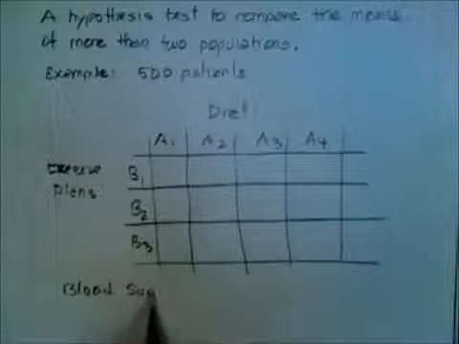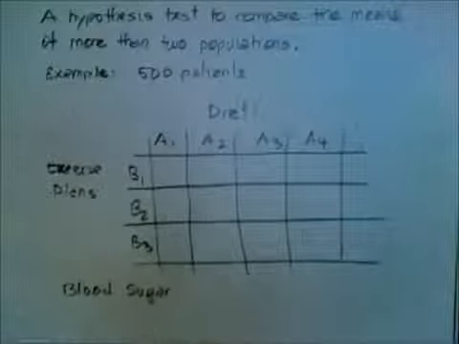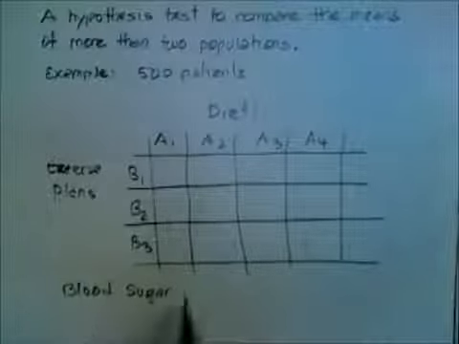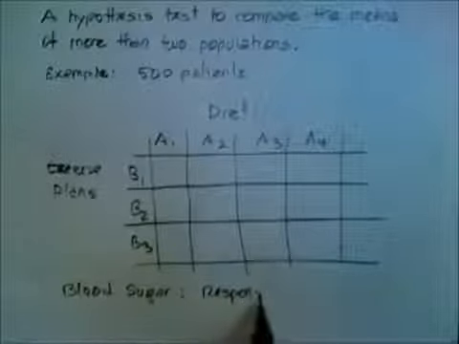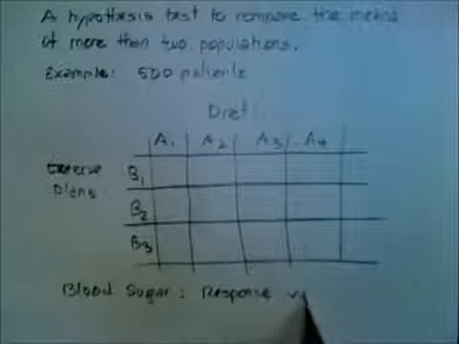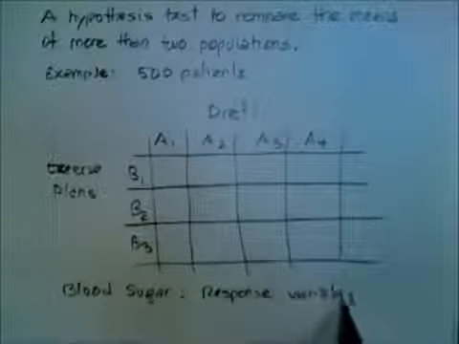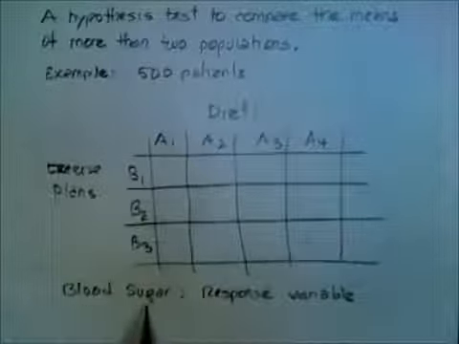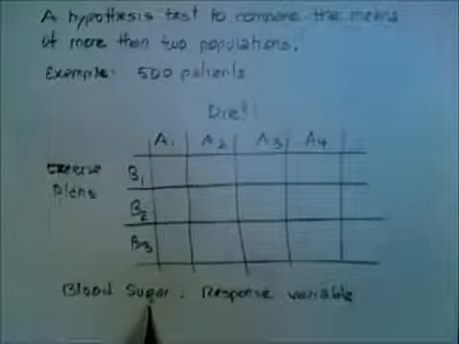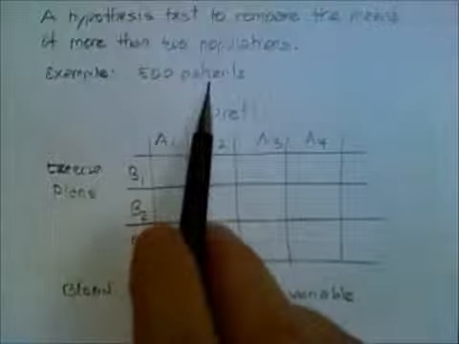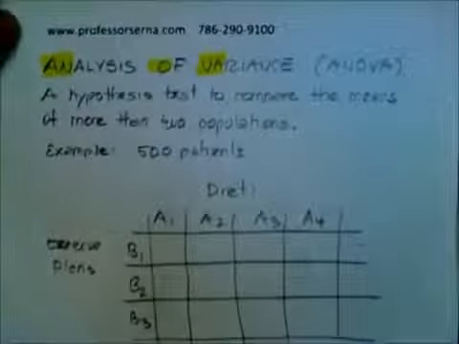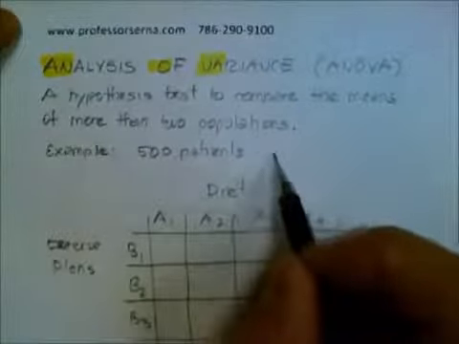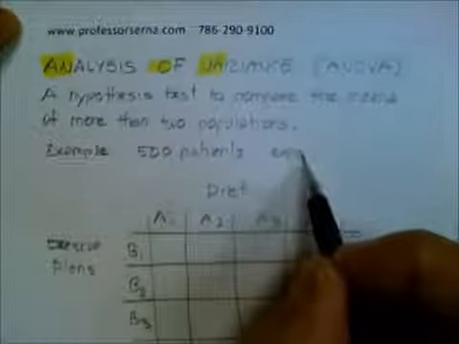So if what we are interested in measuring is blood sugar, then this is what we are going to call the response variable. And whose blood sugar are we going to be measuring? The patient's blood sugar. So the patients are our experimental units.